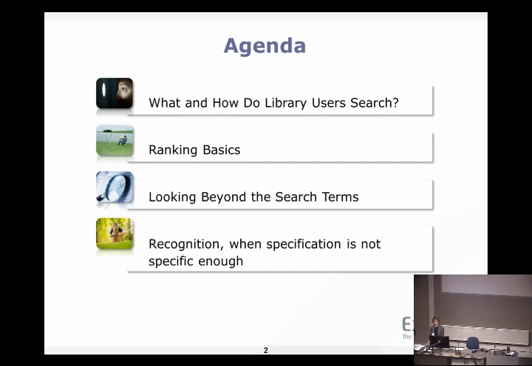A few words about the basics of ranking of the results. And what we are doing in order to look beyond the search terms, because the search terms do not express the full meaning of the user, not always. And then sometimes we think we need to complement the specification of the searching with some kind of a recognition, and I'll talk about that too.